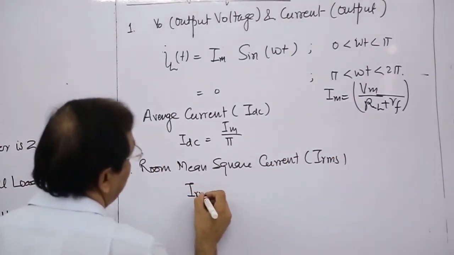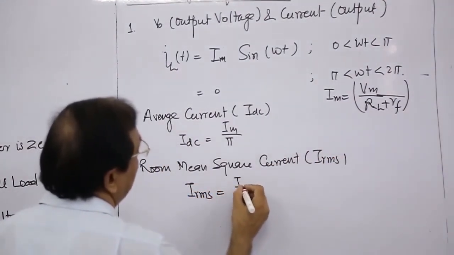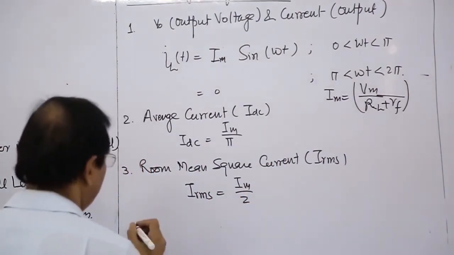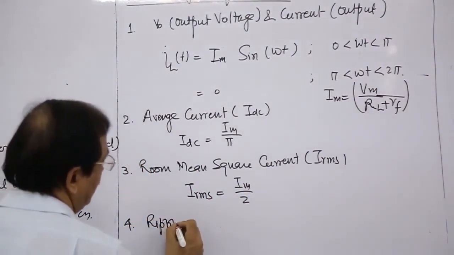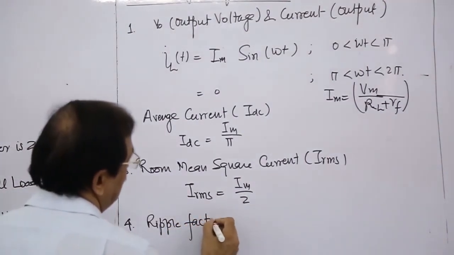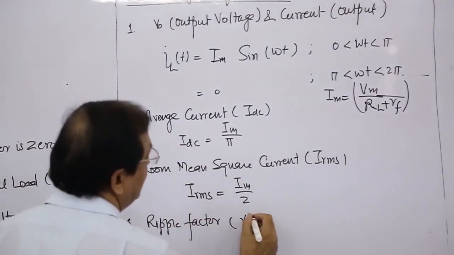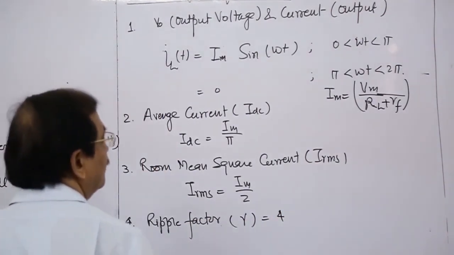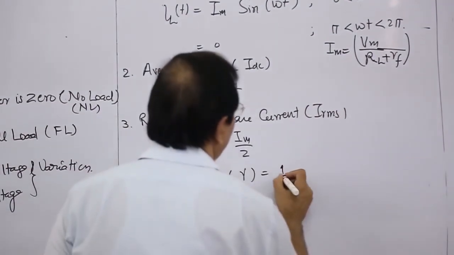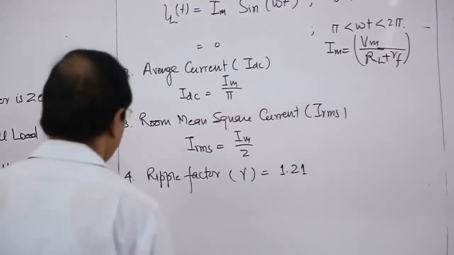So, IRMS is equal to Im over 2. Fourth point is ripple factor gamma. This is 1.21.